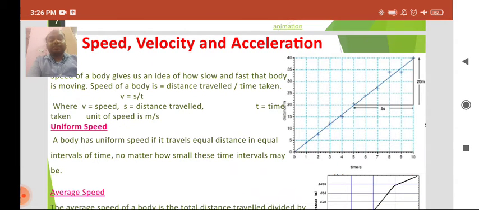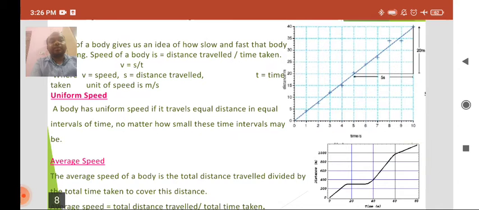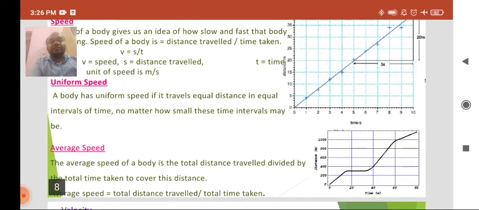Such type of speed is called uniform speed. Unit will be same as speed; uniform speed, instantaneous speed, all the units will be same. It is called meter per second.